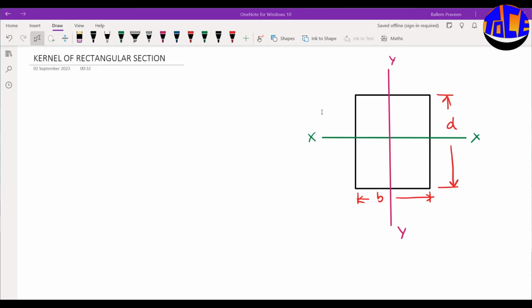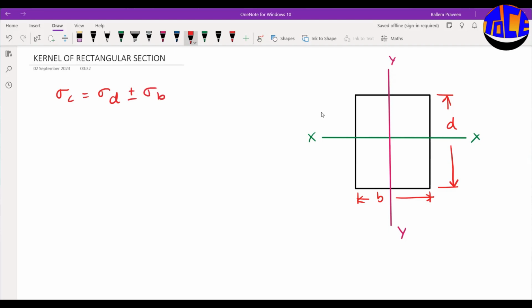Usually in concrete columns, if load is applied with some eccentricity, you will get a combined stress as a direct stress plus or minus the bending stress.